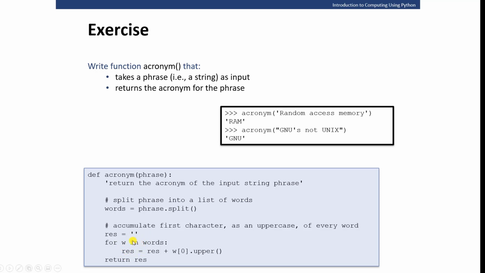At each iteration, we are taking the first character, making sure it's capitalized, and concatenating it to the string. At the end of the day, we're going to end up having the abbreviation of that phrase.